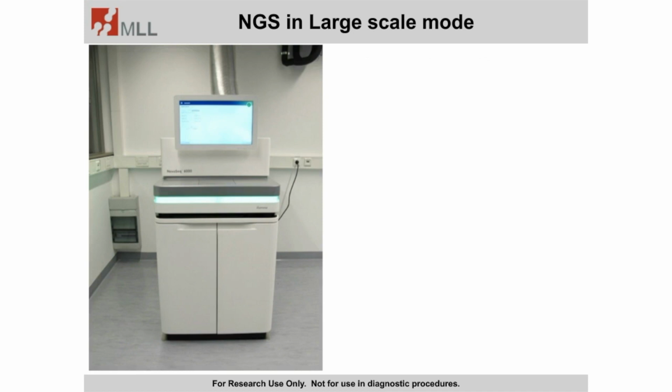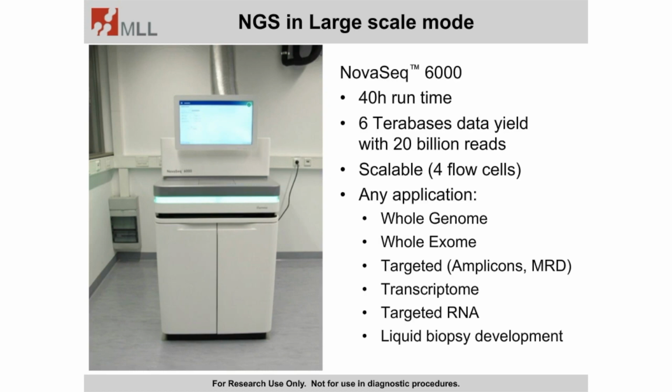Now, we want to start to prove this, to prove the clinically relevance. And what we do in the project together with Illumina and IBM Watson is we use the NovaSeq. This is the new high-throughput sequencer that came to the market in the first quarter this year. And it opens a lot of options in one instrument. The runtime for a genome is 40 hours.